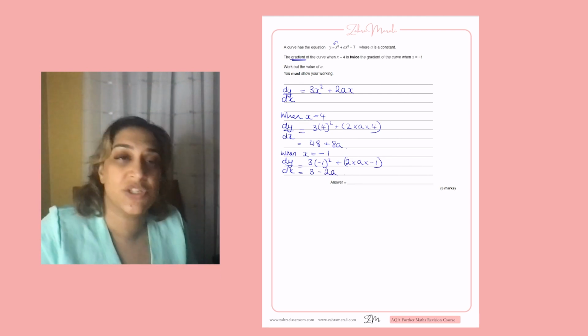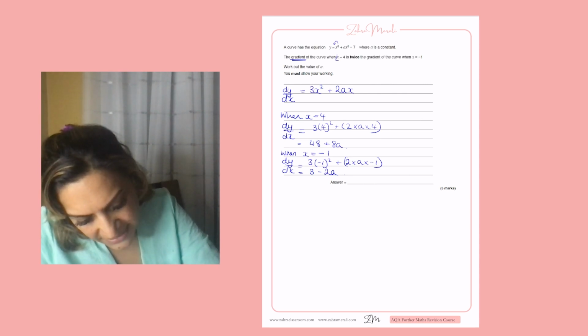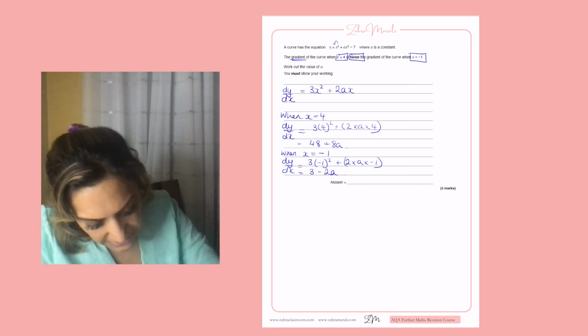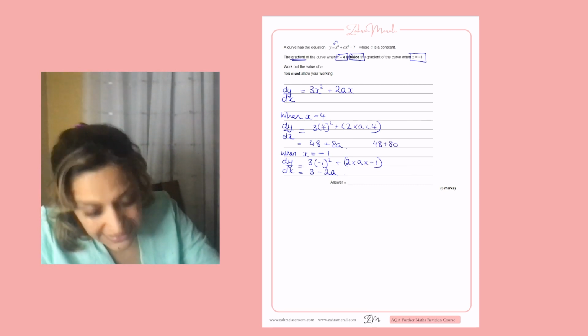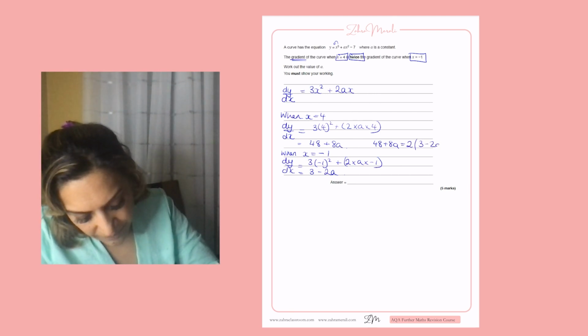And now what does the question say? The one when x equals 4 is twice the one when x equals minus 1. So that tells us 48 plus 8a is twice, so 2 lots of 3 minus 2a.